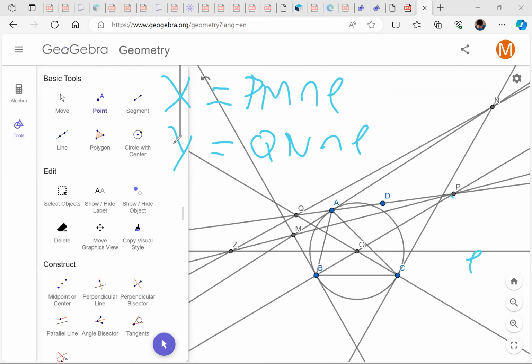So when X moves, Y moves with it in a sort of projective way on this line L, basically.